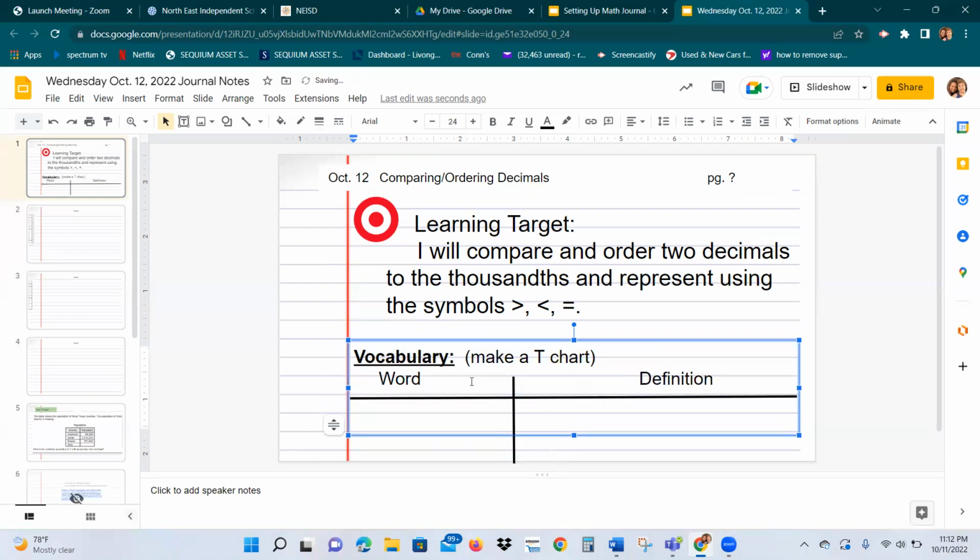Okay, so this is a review, and I want you to write down, you'll need to know these, greater than, and knowing that the symbol's opening is faced to the left.